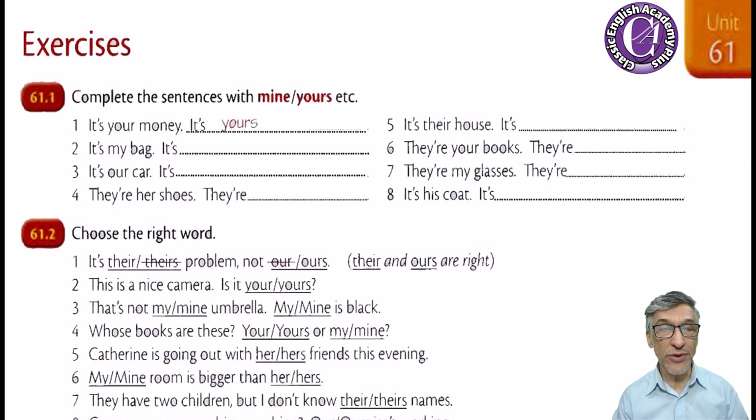It is your money, your, and we need a noun. It is the possessive adjective. And here it is going to repeat the same thing because of emphasizing. It's your money. It's yours. Okay, I'm just repeating the same thing.